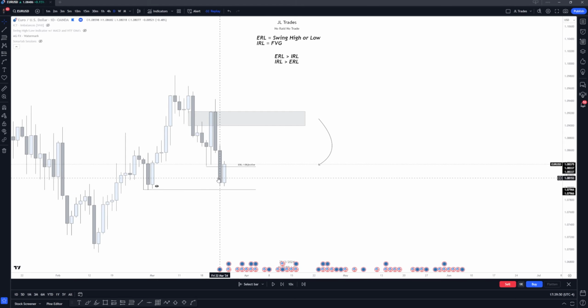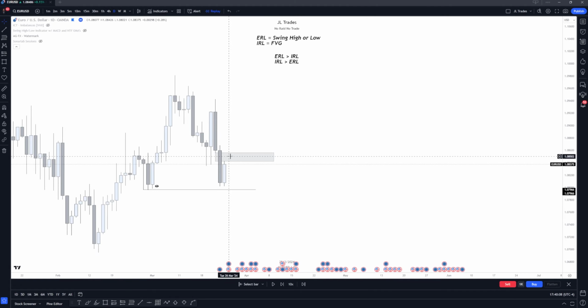Monday fails to go lower, and with the Monday close, we now have a bearish FVG, an internal range of liquidity.